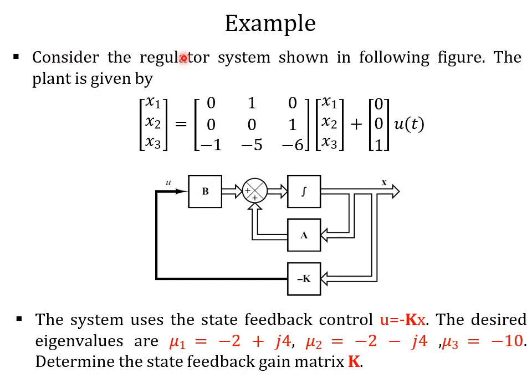Now we consider the following example. Consider the regulator system shown in the following figure. The plant is given by x1 dot, x2 dot, and x3 dot equals A times x1, x2, x3 plus B u.